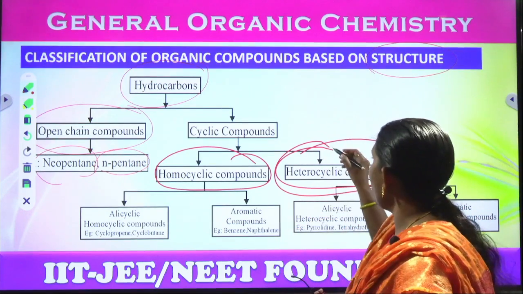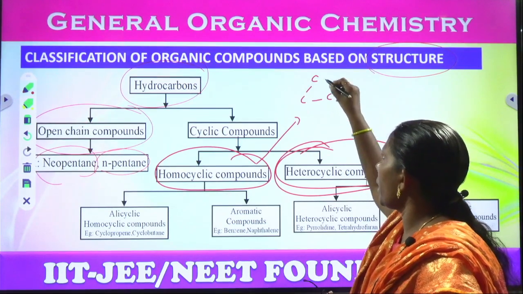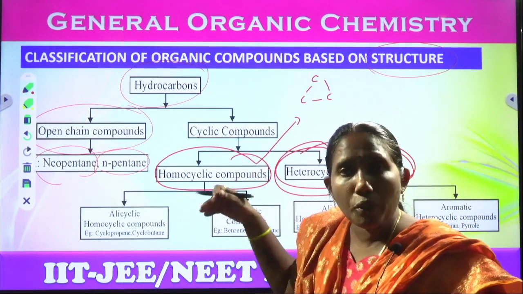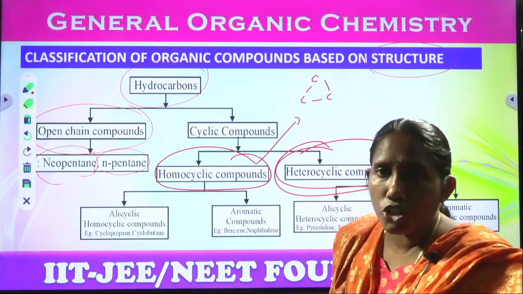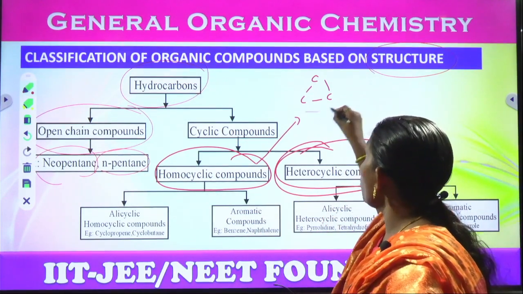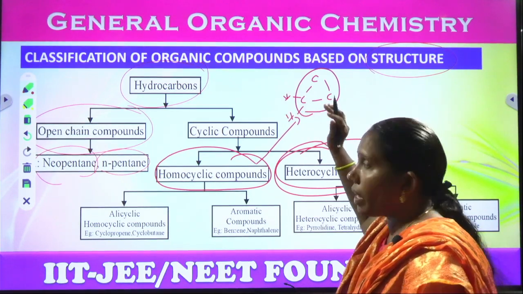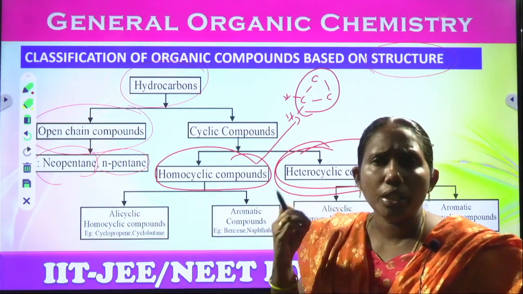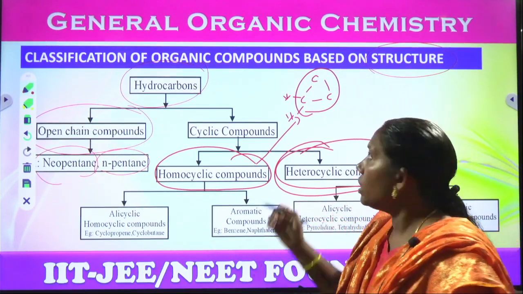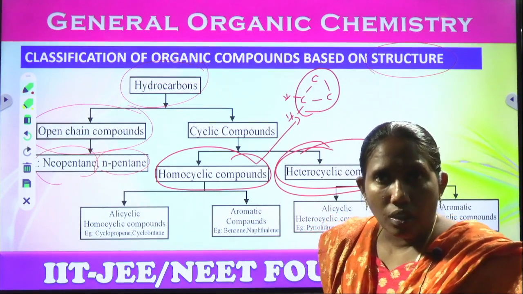See, homocyclic means we can take a ring like this, with only carbons. Again we will study individually about the open chain and the cyclic compounds. I am just explaining the flow chart, just the types. While writing structures in organic chemistry, the main and important basic point we have to remember is that carbon should satisfy tetravalency, right?